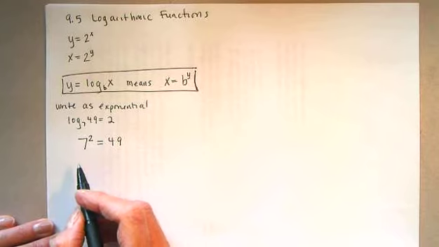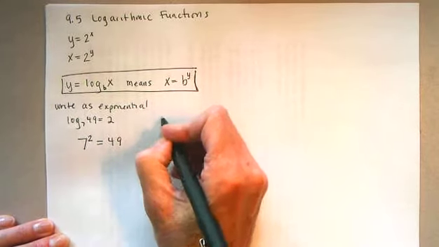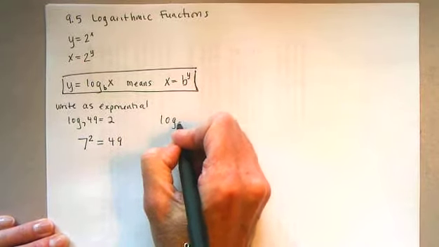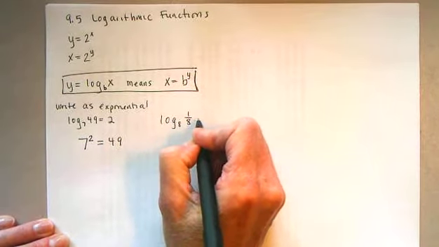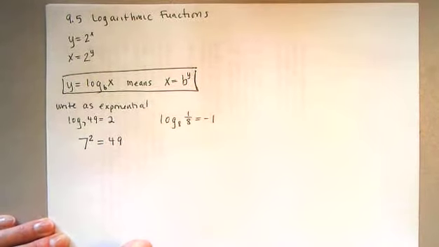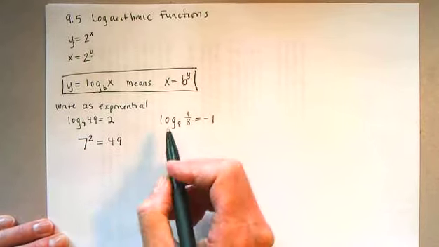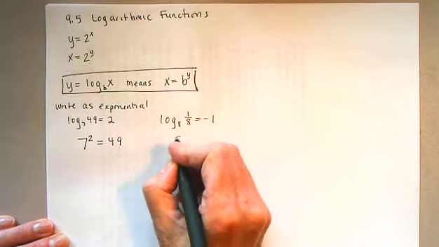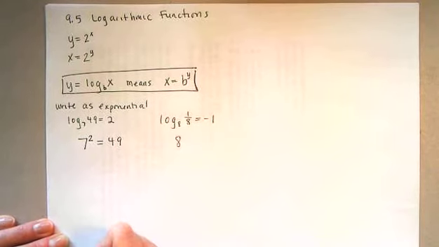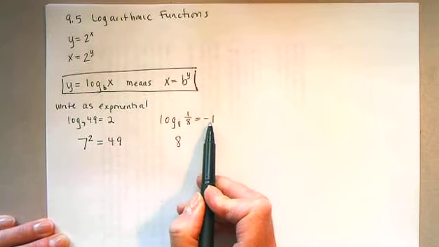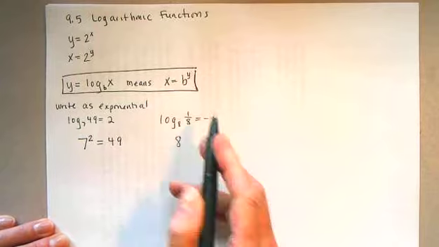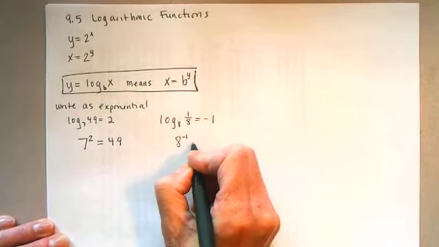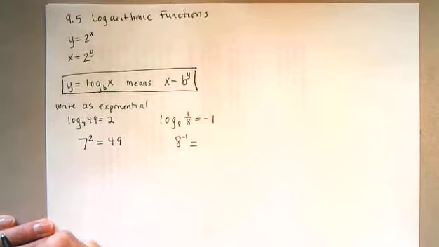How about, what if I said the log base 8 of 1/8 is -1? Now, if I were in my class, I would say, what's my base? And I would wait until someone figured out the base of the log is the base of the exponent, so 8. And then I would say, what's the exponent? And I would wait until someone figured out that what it's equal to is the exponent. So I have 8 to the -1 equals, what does it equal?